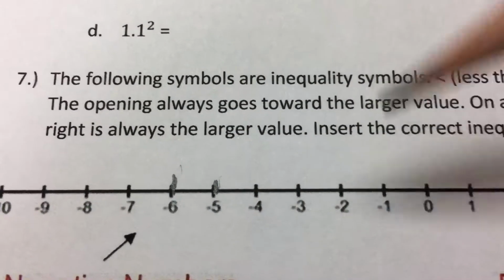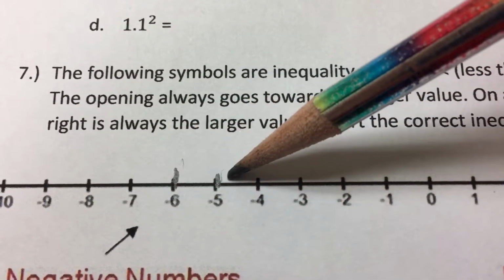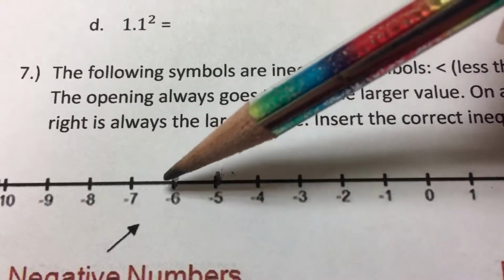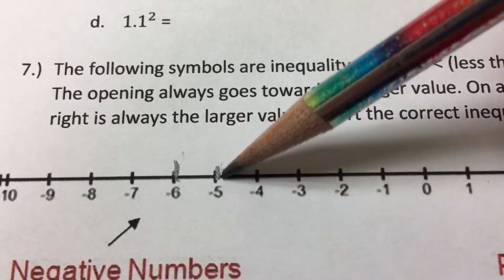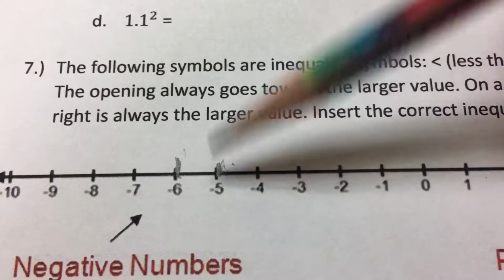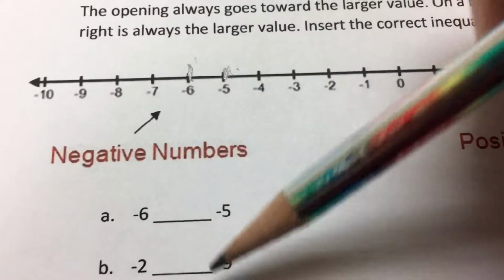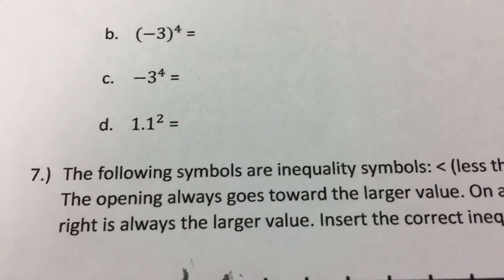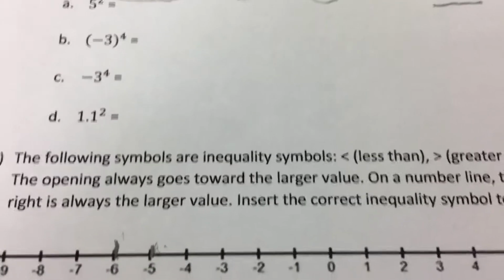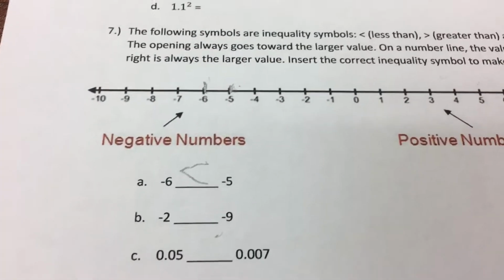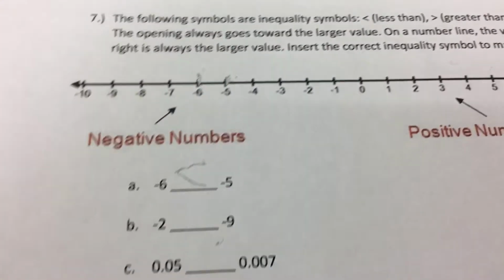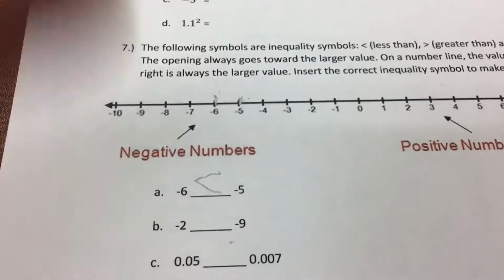Always remember the number farthest to the right on the number line is the larger number. That's like owing money. This would be like owing $6. This is only owing 5, so I owe less there. But my larger number is going to be the -5. The opening goes towards the larger number. So be sure to read through this and use your number line to help guide you. When you plot the points, the number farthest to the right is the larger.